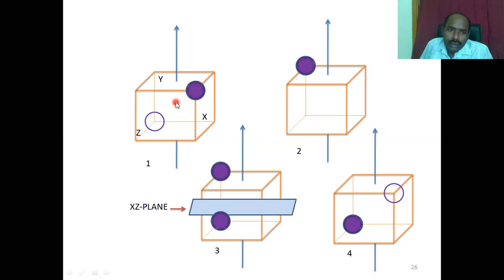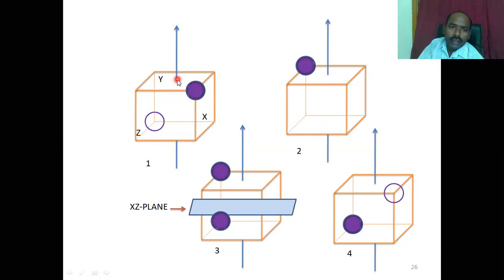If I take this point, its inversion is opposite in direction, about the point of symmetry. So this is the first figure, and this is the second figure.